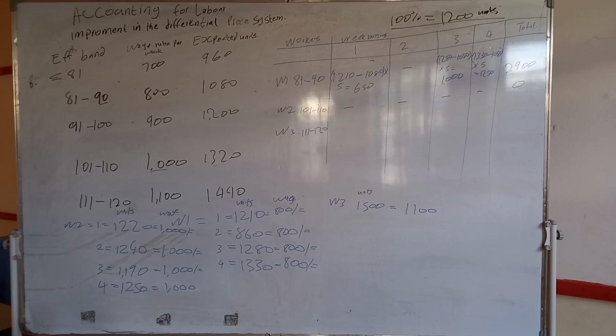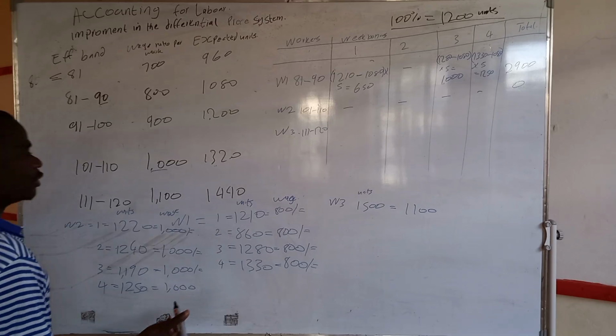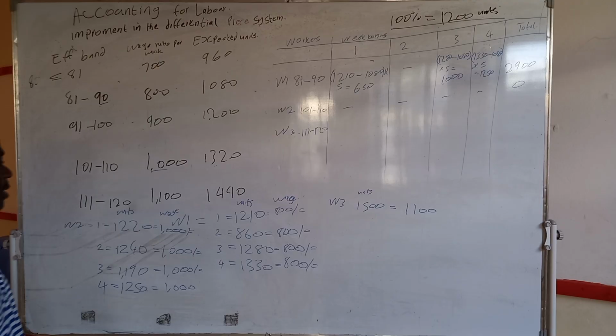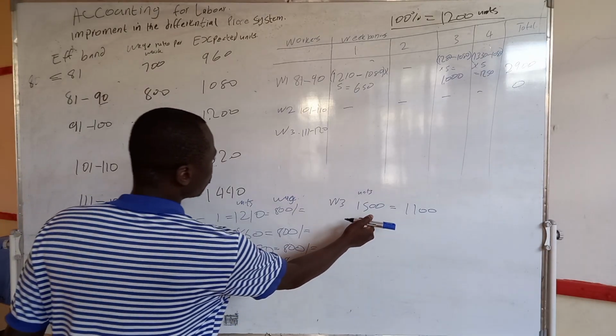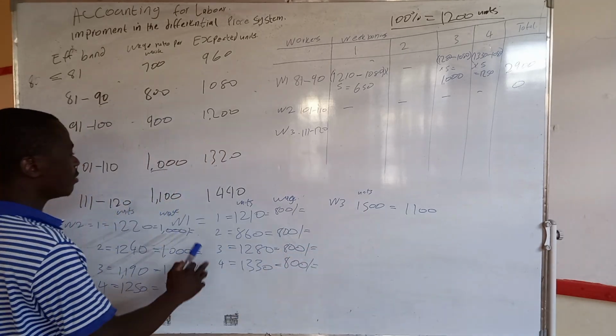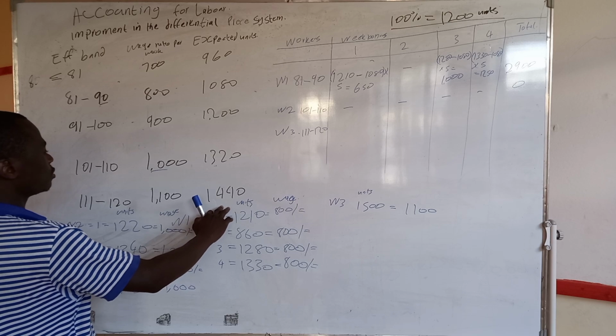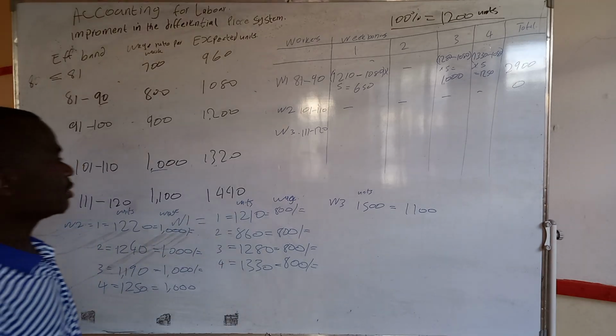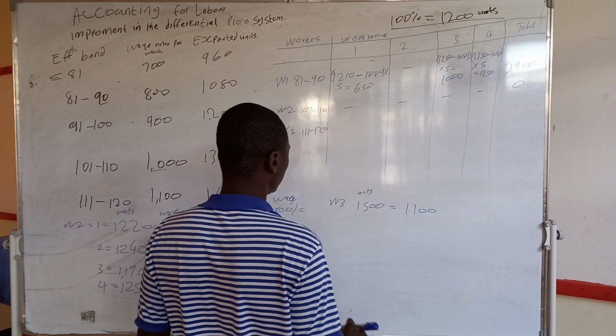1,100. Now, did this surpass the expectation? Yes. He produced 1,500, but he was required to produce 1,440. So he surpassed the minimum required.